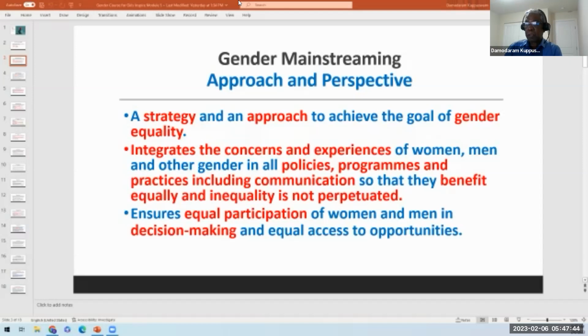The main purpose is to take the specific experiences, interests, and needs of women, men, and other genders so that they can benefit from the development.